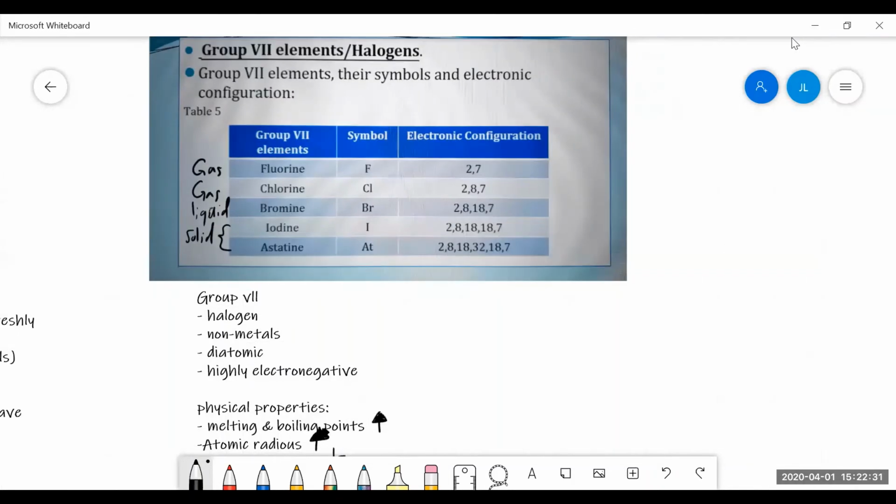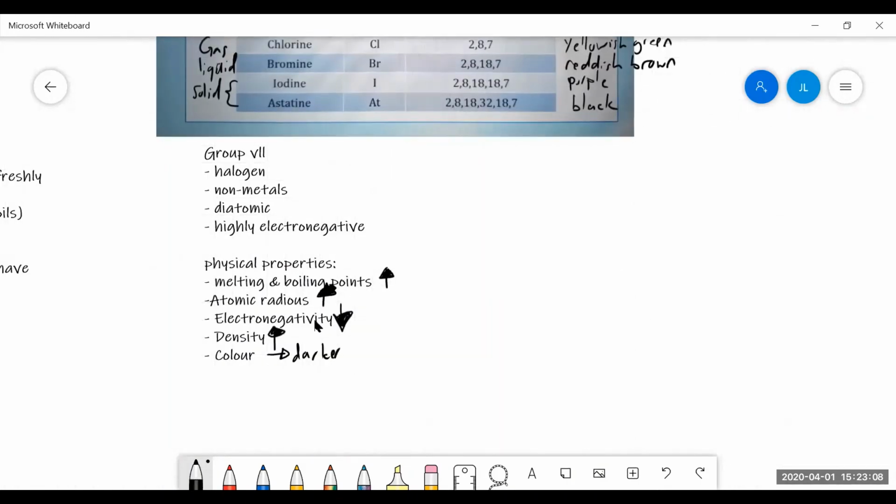A lot of things to memorize. No choice. Fluorine is yellow in color. Chlorine, yellowish green. Bromine, reddish brown. Iodine, purple. Astatine, black. So this is the trend.